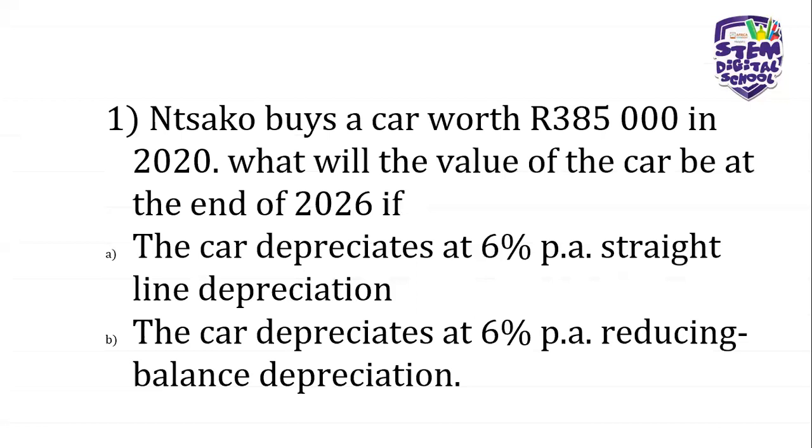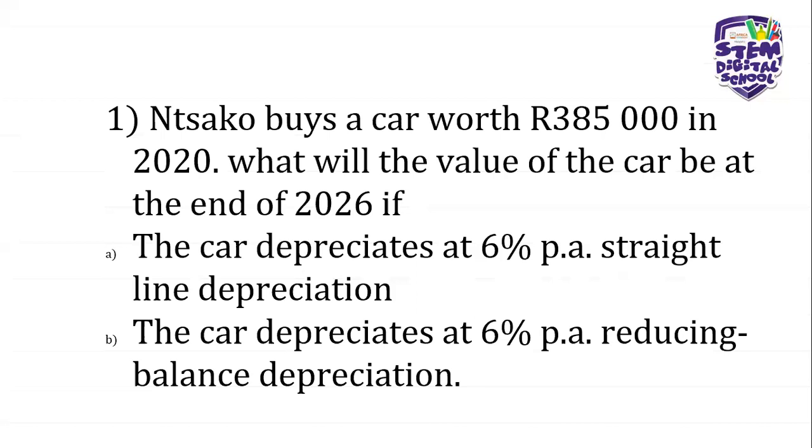Now, equally, we also have the reducing balance depreciation. And in this case, we should know by now that the car still depreciates at 6% per annum. And the reason why we are putting this at 6% per annum is for the simple reason we want to be able to do a comparison.